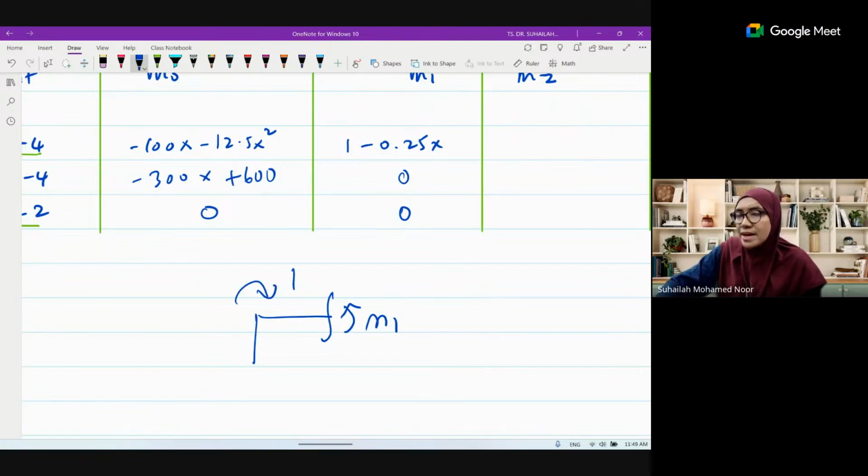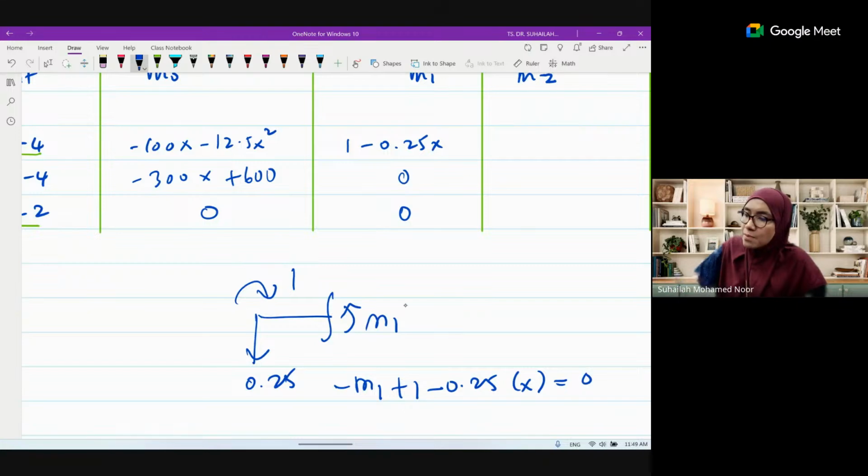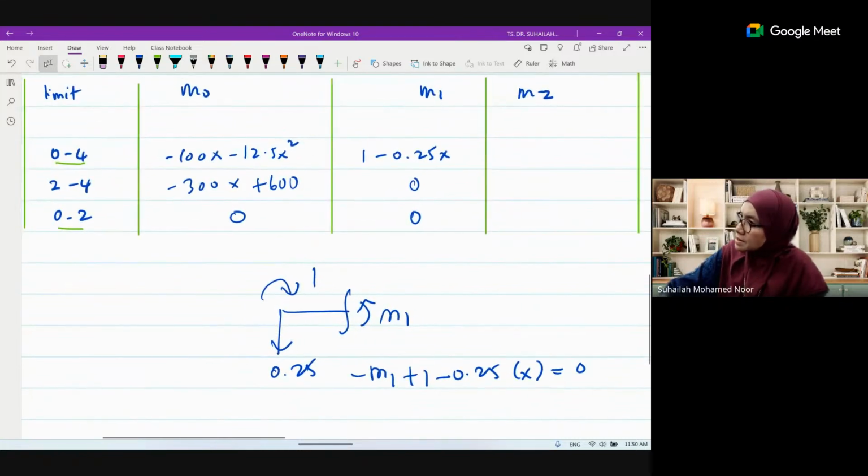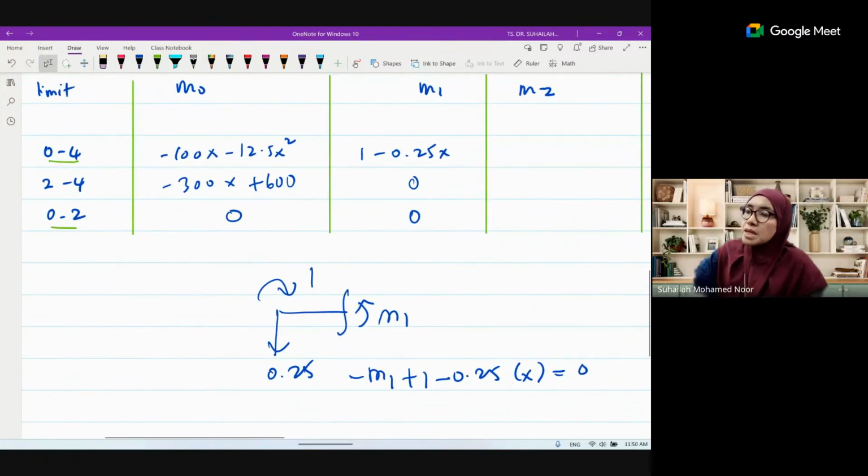The moment here is 1, and this is 0.25, right? The distance is x. So negative M1 plus 1 minus 0.25 times x, so M1 is 1 minus 0.25x. Put it in the table: 1 minus 0.25x. Do you get that?